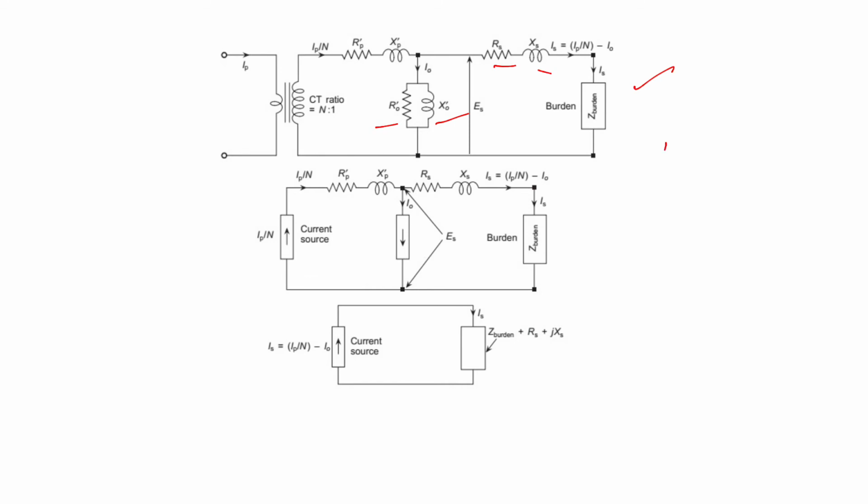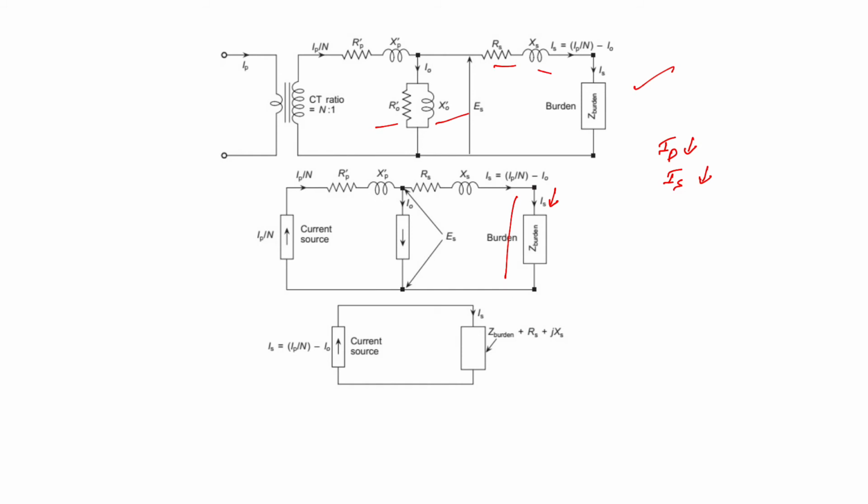Now at the low value of the primary current, when the primary current is low, the secondary current IS is also low.